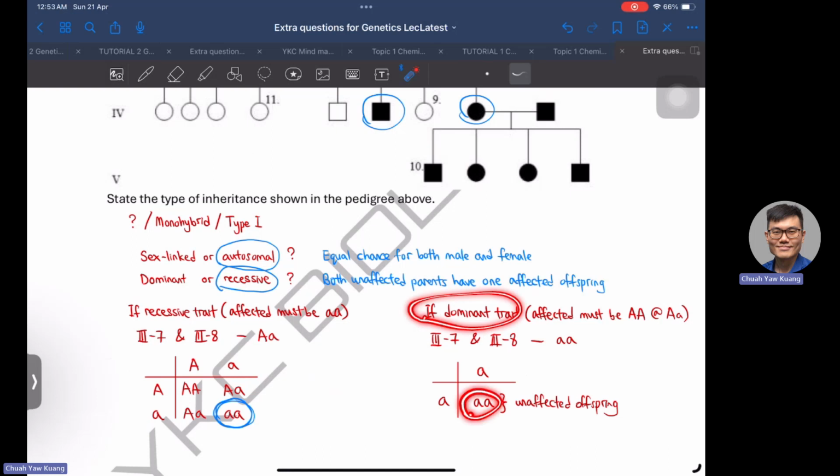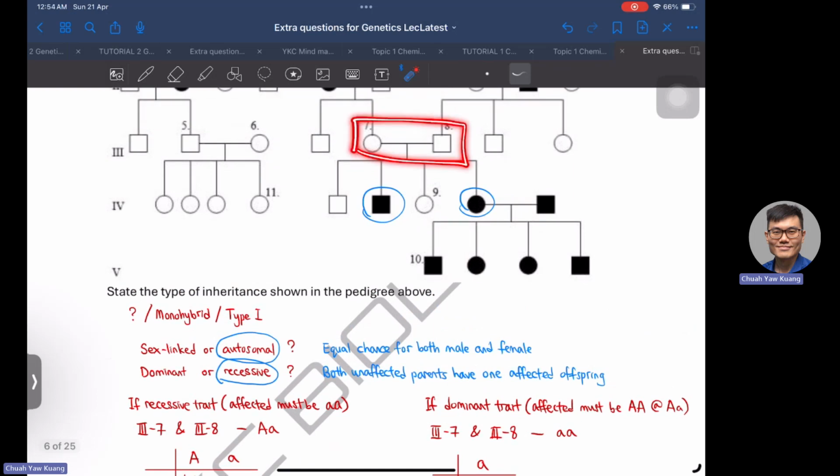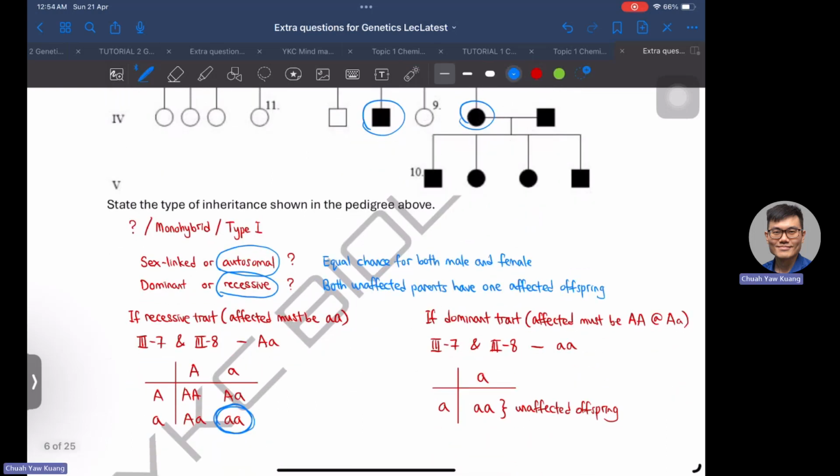So it is impossible for this pair of parents to produce these two individuals. That's why we can conclude here that it is not a dominant trait. This pedigree is showing a recessive trait.